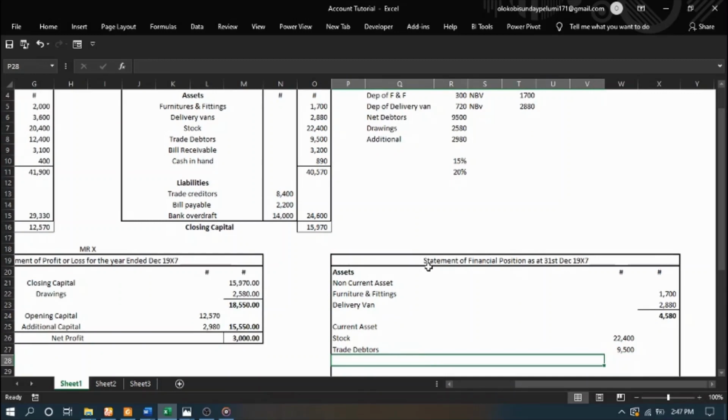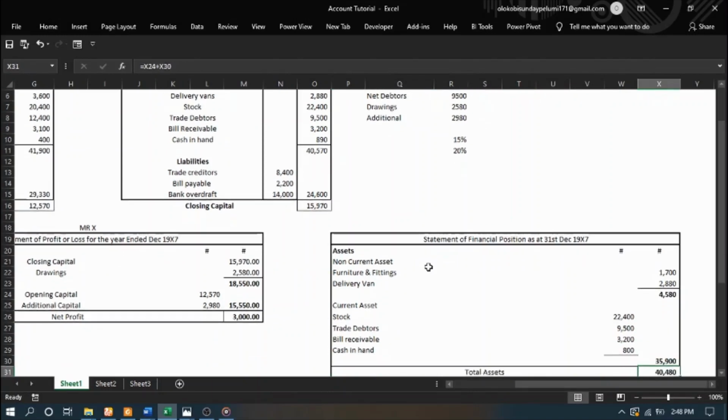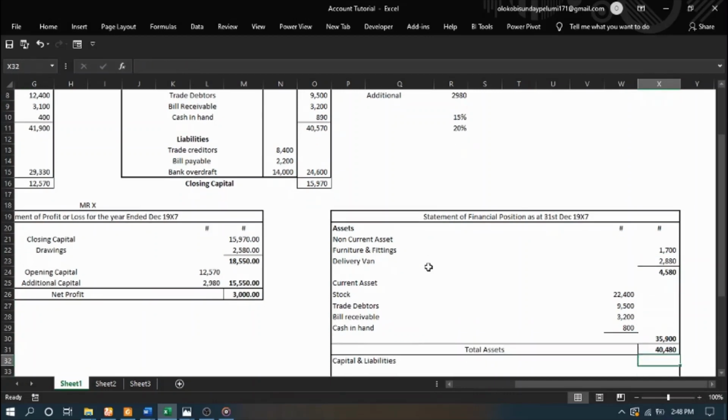So we have bill receivable, whose value is 3,200. We as well have cash in hand, whose value is 800. So alright, total current asset is this, and this is our total non-current asset. This is total current asset, and this is our total asset.